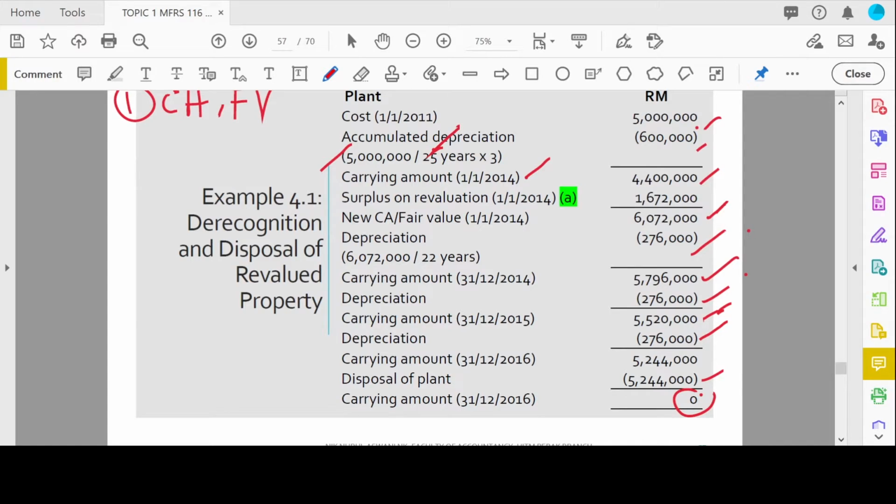So the only thing that we need here, in order for us to find out whether we have any gain or loss on disposal, is to find the carrying amount on the date of disposal. So now we have our carrying amount, which is 5.244 million. So let's compare with the selling price.